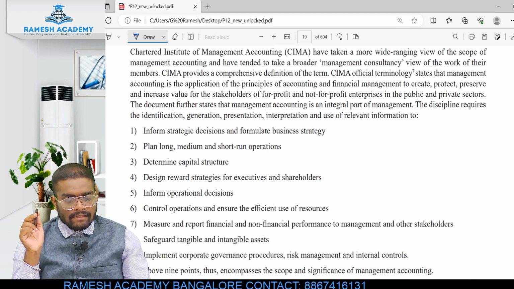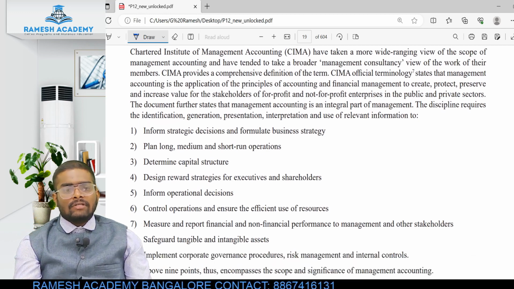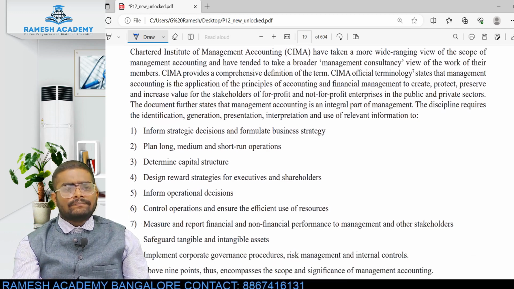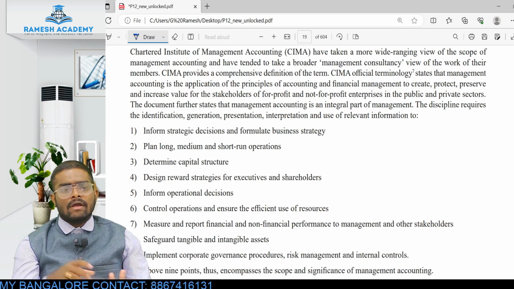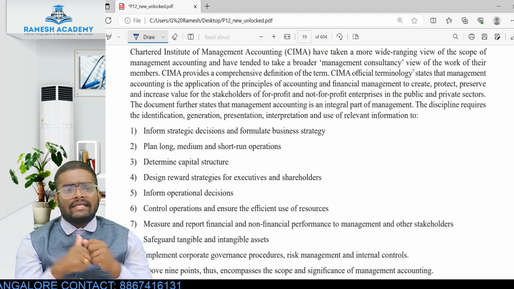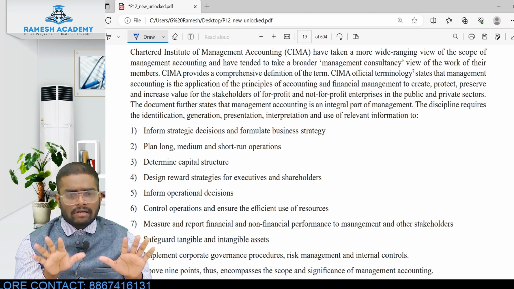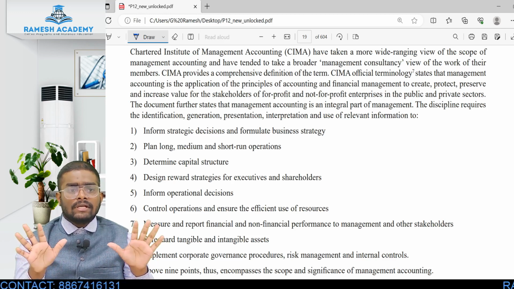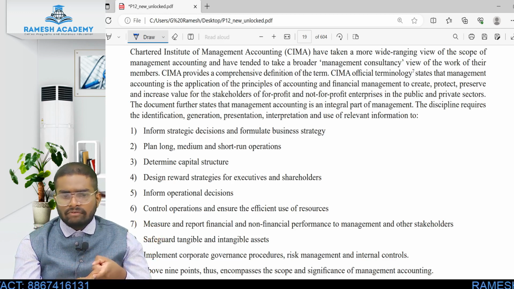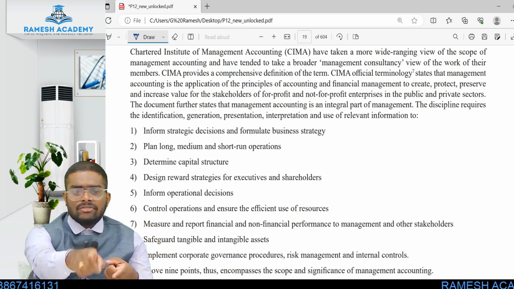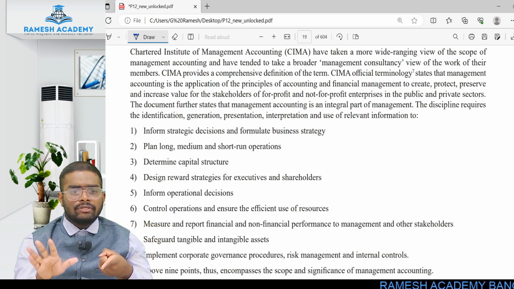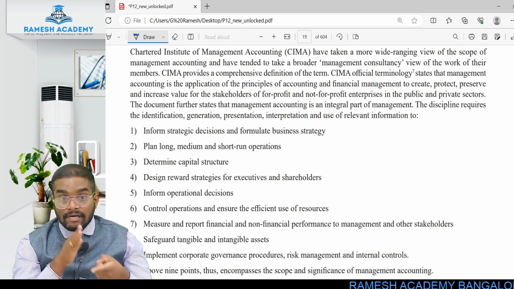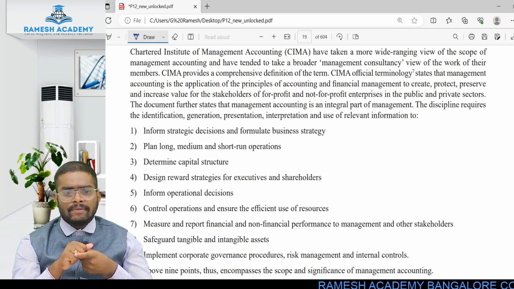Next, we will be having determination of capital structure. So capital structure is nothing but we will be having two types of funding. One is equity, one is debt. We have to have a perfect combination that is very much helpful for the company, because in equity there is no requirement of paying dividend. There is no law that we have to pay dividend, but we pay dividend to make the investors happy.